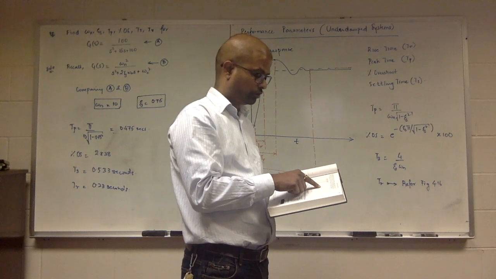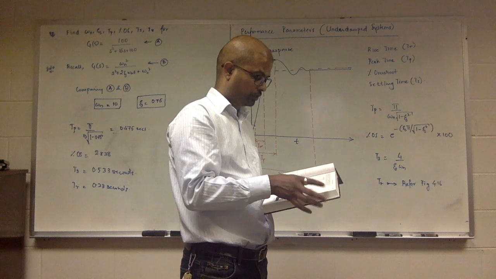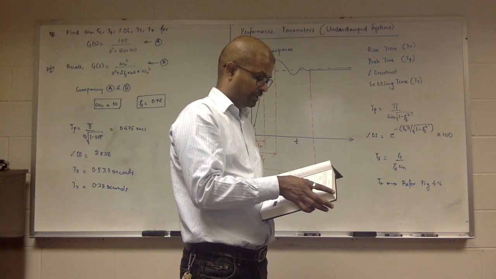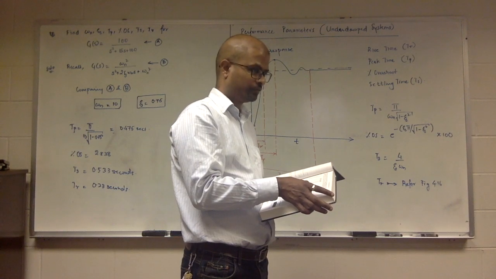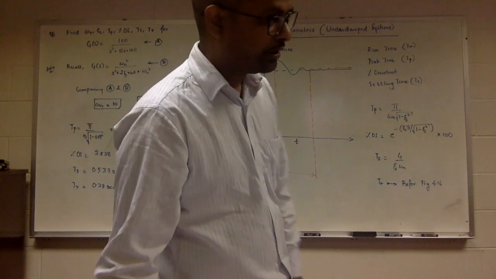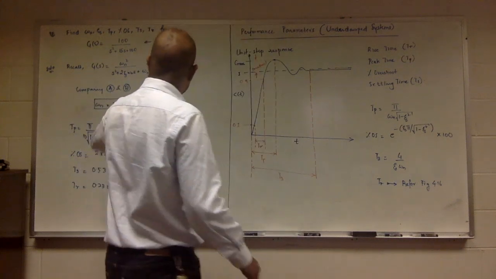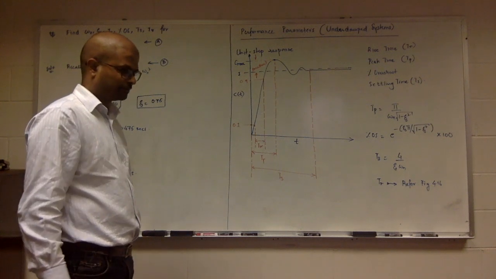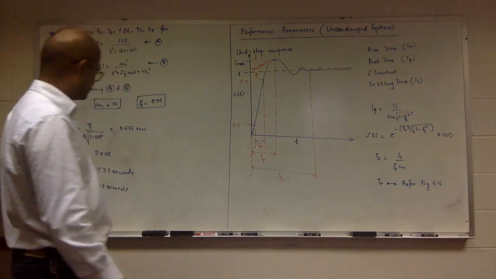It will be about 2.3. So rise time times natural frequency is 2.3. Natural frequency is 10. So divide by 10. 0.23. Got it?